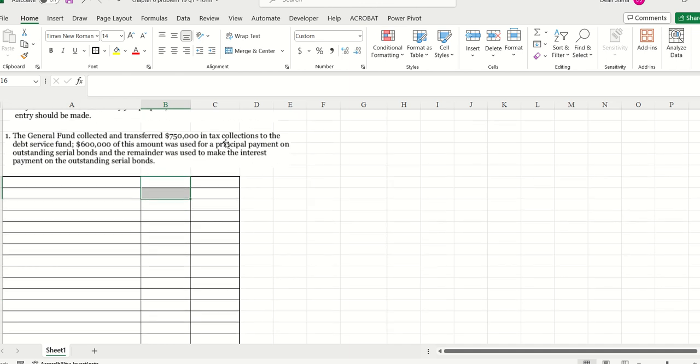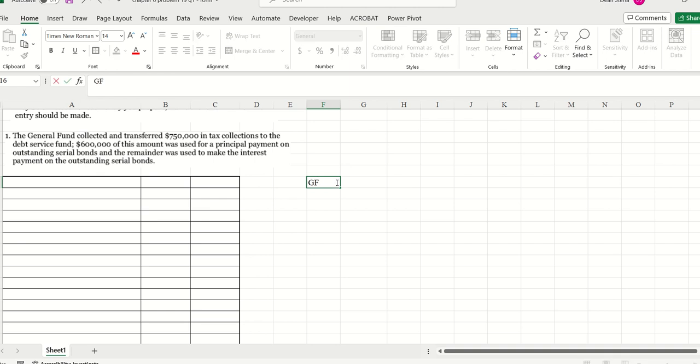So here's the information they give us. And the first thing we should do is defluff this. What defluffing is, is taking out what you need and throwing away all the garbage. So the general fund collected and transferred 750 in tax collections to the debt service fund.